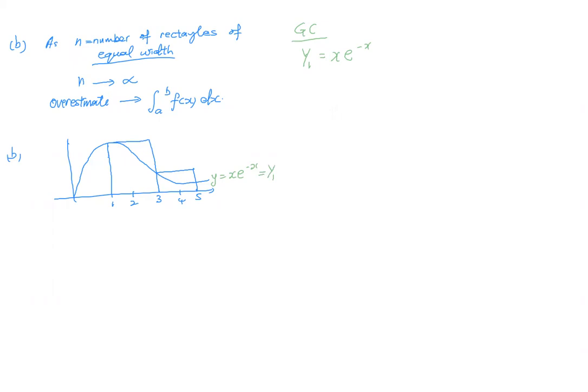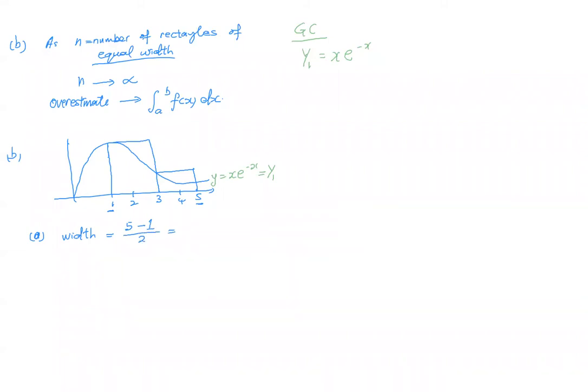Okay, so when you do part A, every time when you talk about overestimate or underestimate, first of all is the width of the rectangle. So you get the width. So the limit is from 1 to 5. So you take upper limit, take away the lower limit, divide by the number of rectangles.